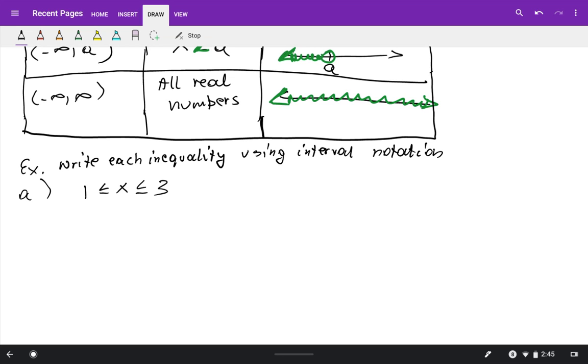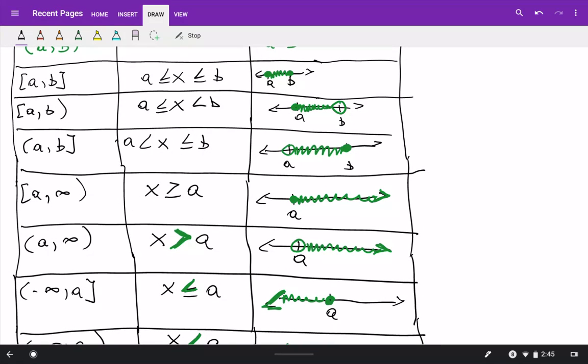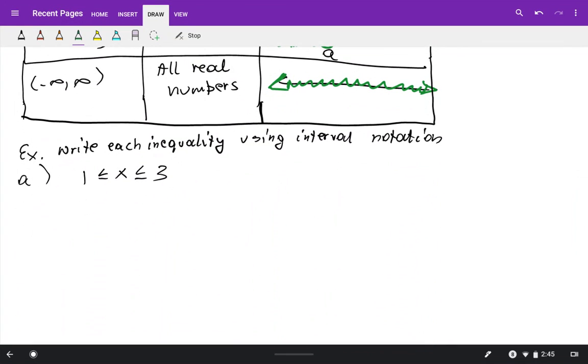So you need to write each inequality using interval notation. So this is that case right here where x was greater than or equal to a and less than or equal to b. So we have brackets a comma b. So we're going to use the brackets. We're putting 1 comma 3, and we're closing.